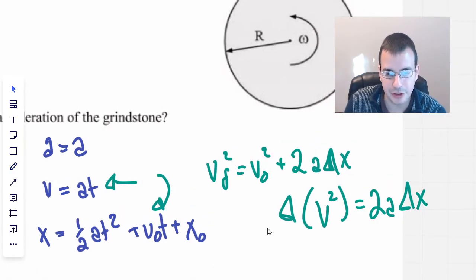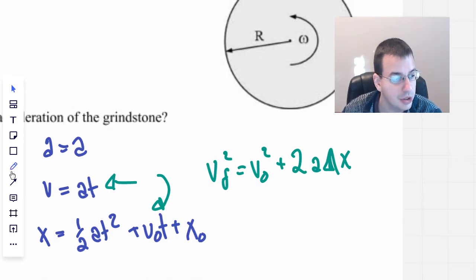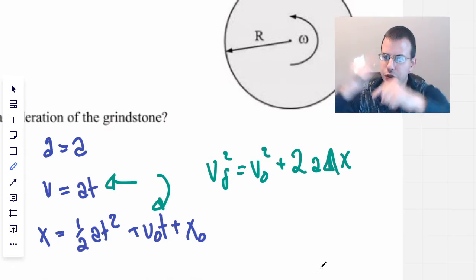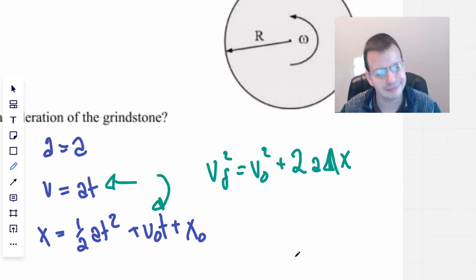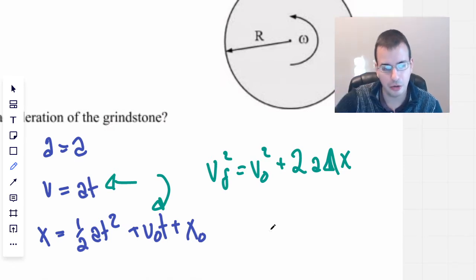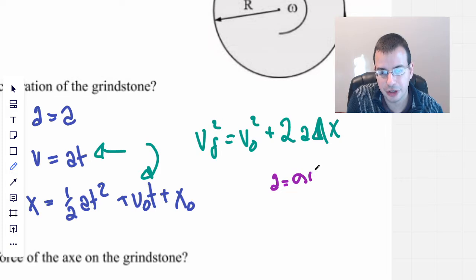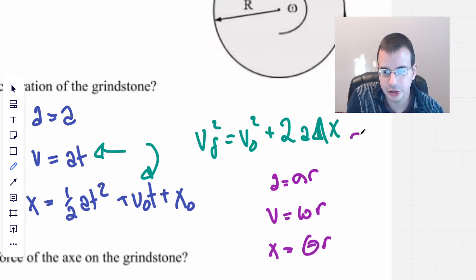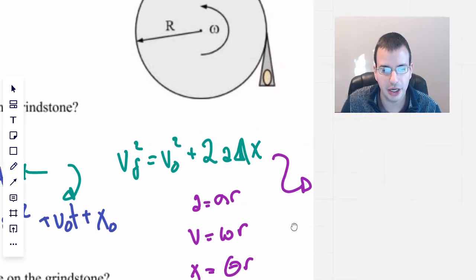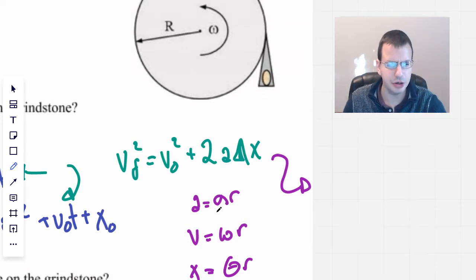Okay, focus. So from this point, we look at how rotational values relate to the linear versions. I know, it sounds complicated. What I mean is acceleration equals angular acceleration times r, v equals omega r, and x equals theta r. So we take this equation and rewrite it. You might be thinking, how do I know to use this equation?